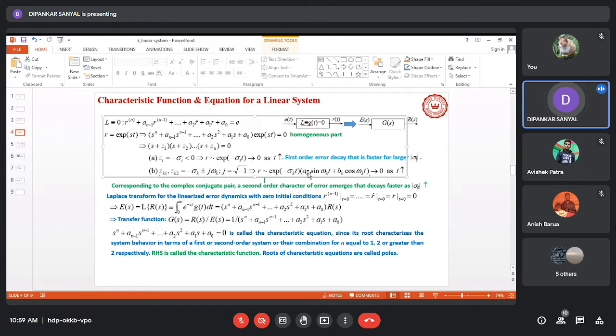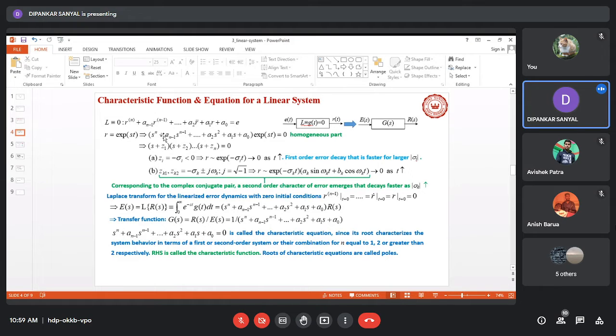Whether both will exist or not depends on the initial state of the system. And here also, as this sigma value increases, the decay of the response becomes faster. So depending, if it is a pure first order, then we will be having only one pole.